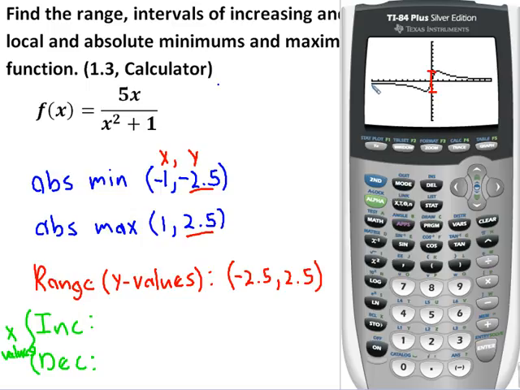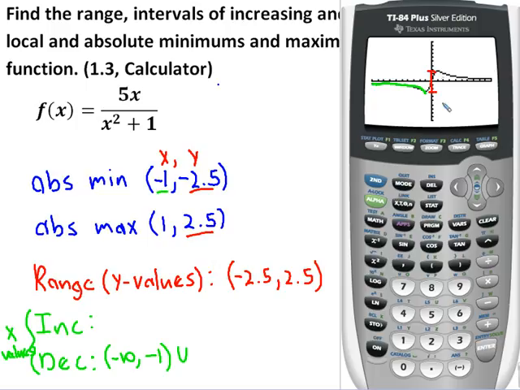Okay, as I move from left to right on my graph, as x goes up, it looks like our graph starts off by decreasing. Okay, from x equals -infinity on the left to x equals -1. And again, that's just the x value for my first minimum. So we're decreasing from -infinity to -1.